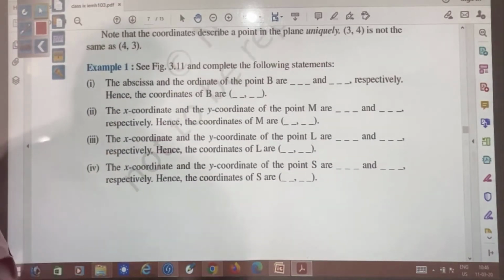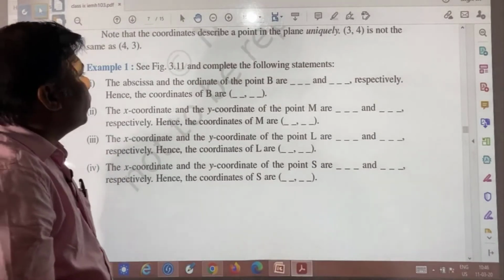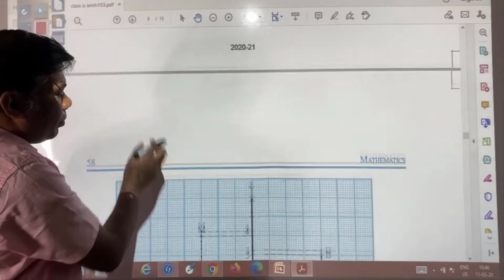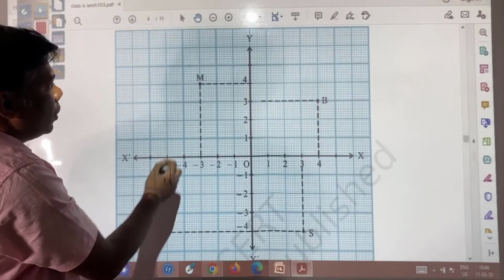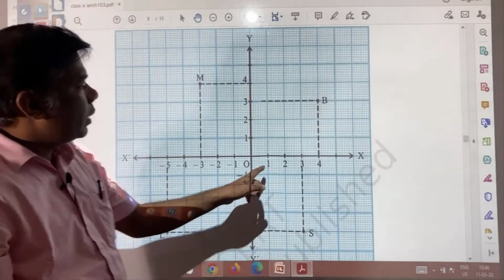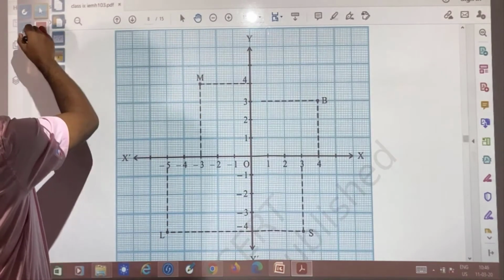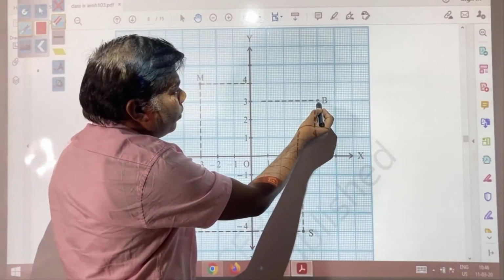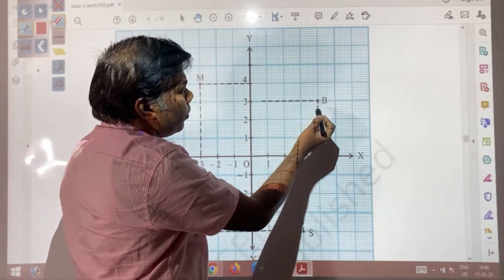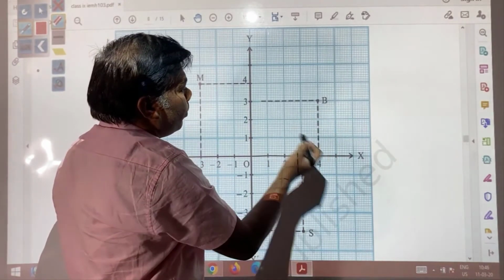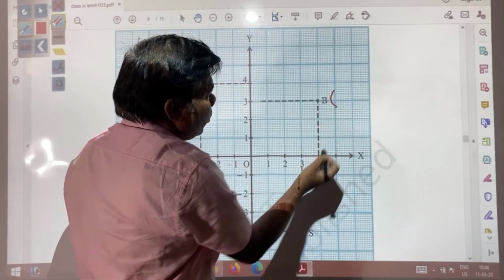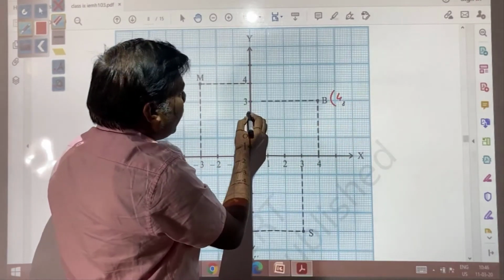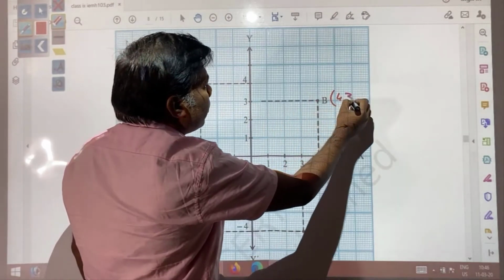Example 1: you see figure 3.11 and complete the following statements. Here all the points have been given. Here itself you try to learn. So x and y, or abscissa and ordinate, of B will be, you see, x will be 4 and y will be 3.